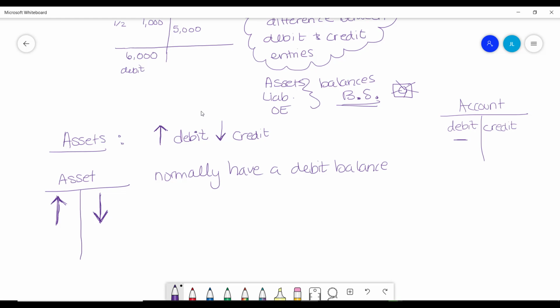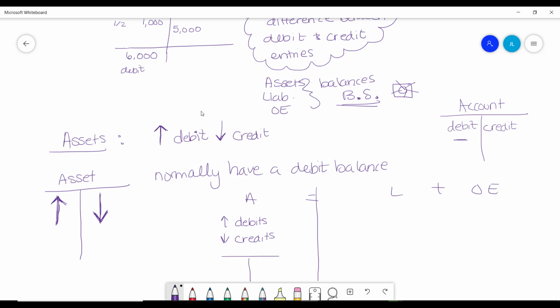Okay, and when we look at this accounting equation, these rules apply. So assets, they're on the left side of the balance sheet and the left side of the accounting equation. So they're going to follow this rule, that increases are with debits and decreases are with credits.